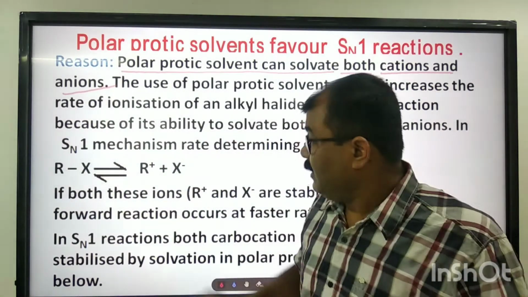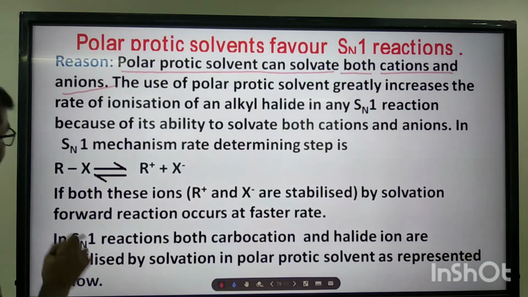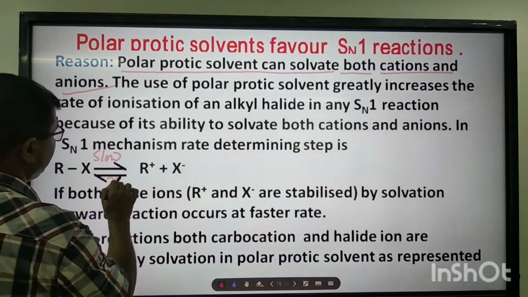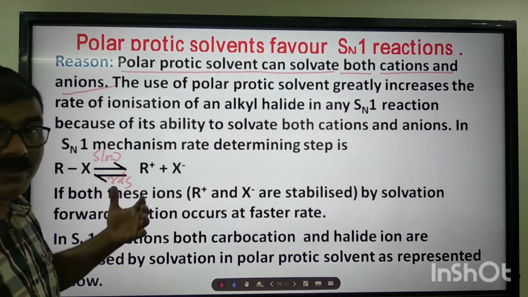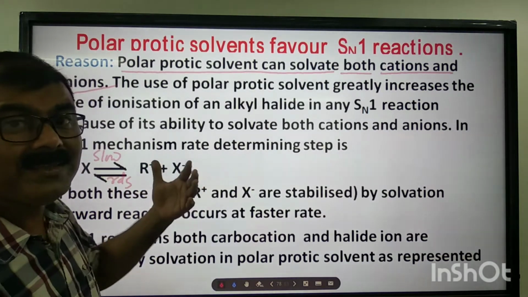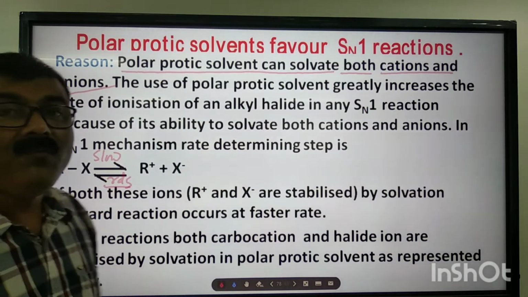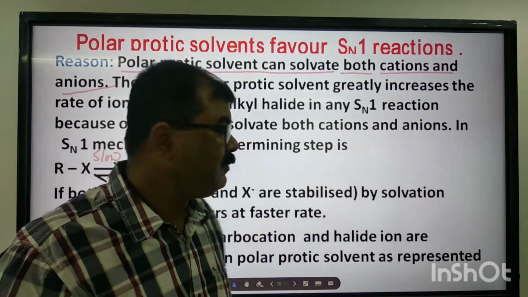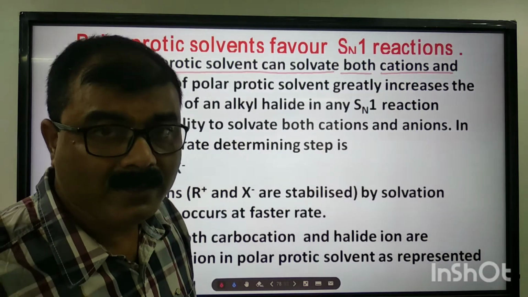You see, we have learned the mechanism of SN1. First step is the first slow step, and this is RDS. RDS means rate determining step. As we have learned in SN1 mechanism, this slow step, that is formation of carbocation, is the rate determining step. How fast the product will form by SN1 mechanism depends on the stability of carbocation.